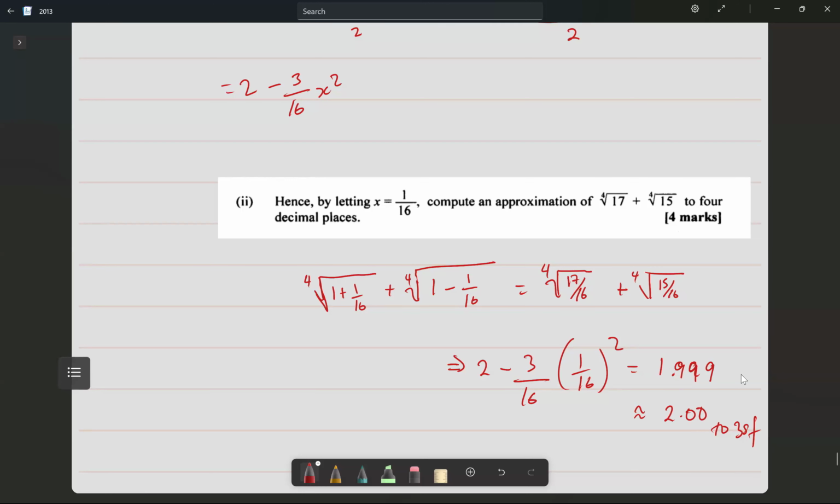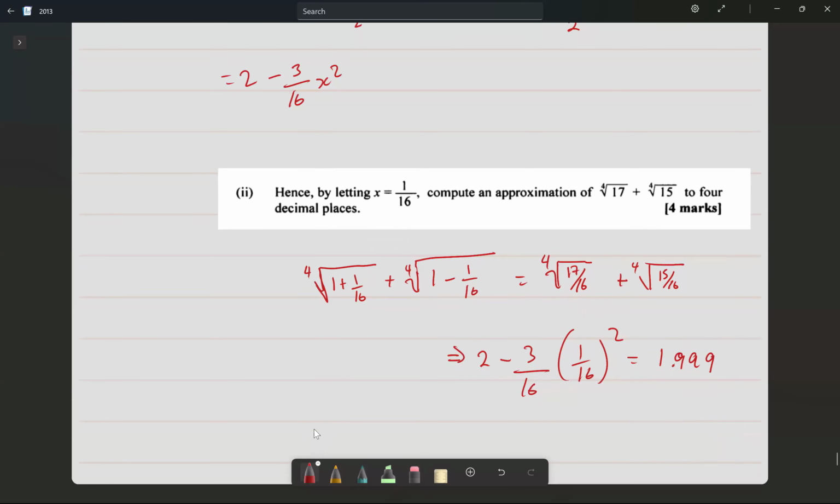Okay, I just realized the question is not complete. I didn't finish the question. So the answer I got is not exactly what they want, because they require you to look at what we found.